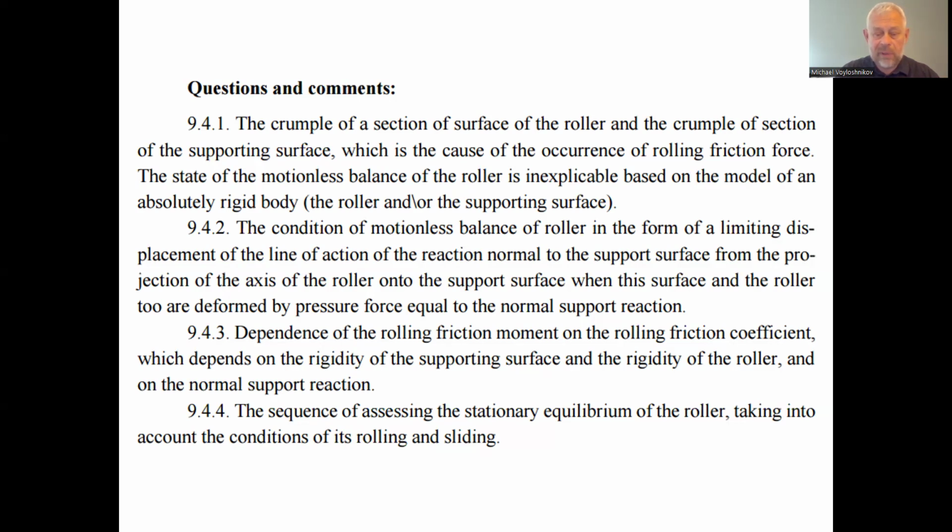The external transverse force has to be greater to overcome the balance. If the force is less, then the product of the weight, or the total of the other vertical components of the external force, multiplied by delta, the factor of resistance to rolling, which depends on the material and geometry of the support surface and the radius of the roller for the definite material of the roller, is not exceeded.